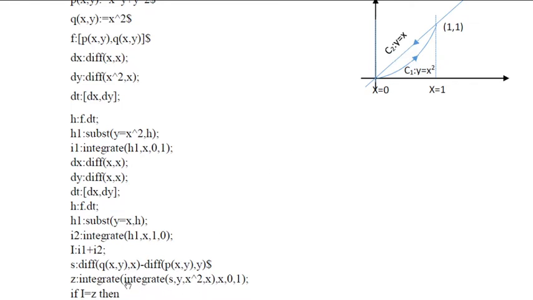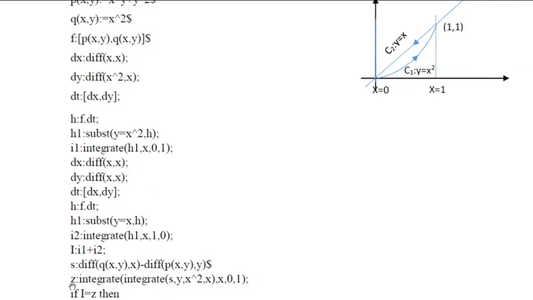So you know the BODMAS rule, it says first you have to evaluate within the parenthesis. So it will evaluate first this answer, that is integration of this s, that is dou q by dou x minus dou p by dou y with respect to variable y varying from x squared to x, and after substitution it integrates with respect to x.